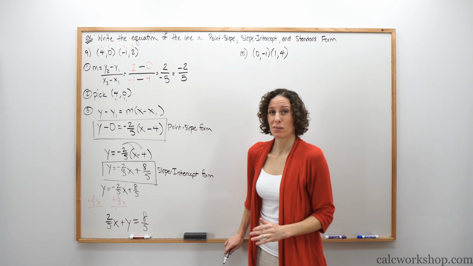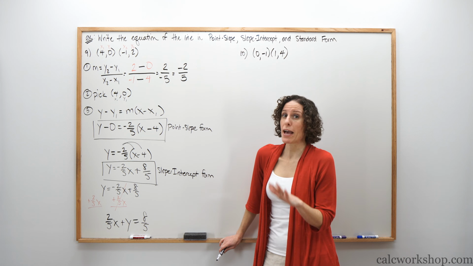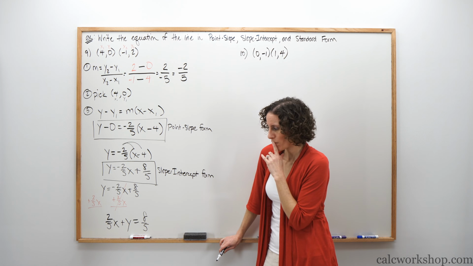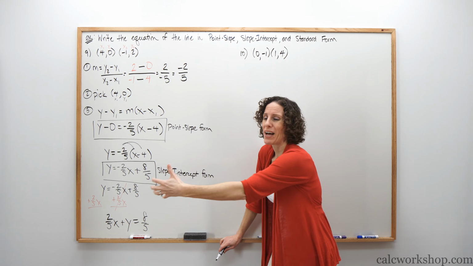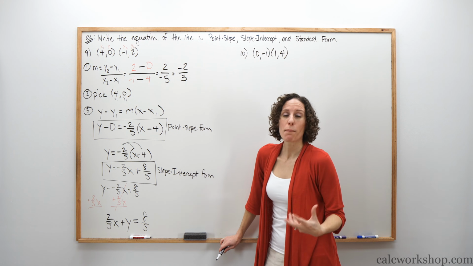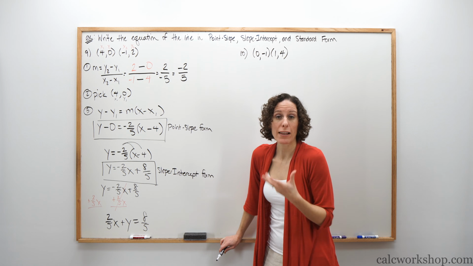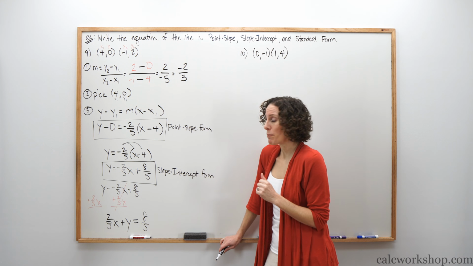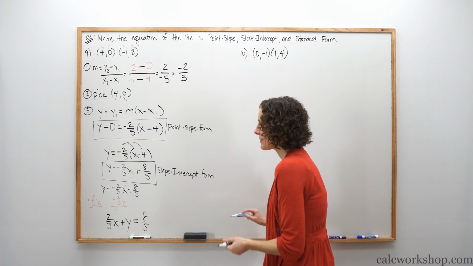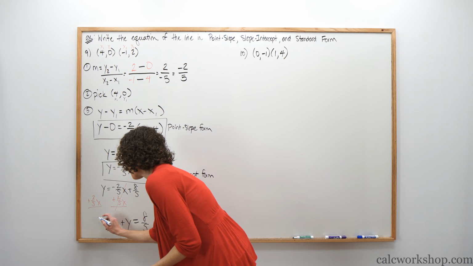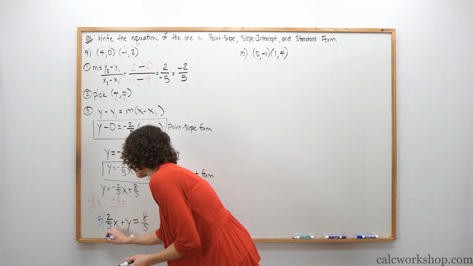X is positive, but there's fractions. We're not allowed to have any fractions anywhere in the problem, which means we need to get rid of it. And we know how to get rid of denominators by multiplying the entire equation by that least common denominator. What is the least common denominator there? 5. So we are going to multiply this entire equation by 5.